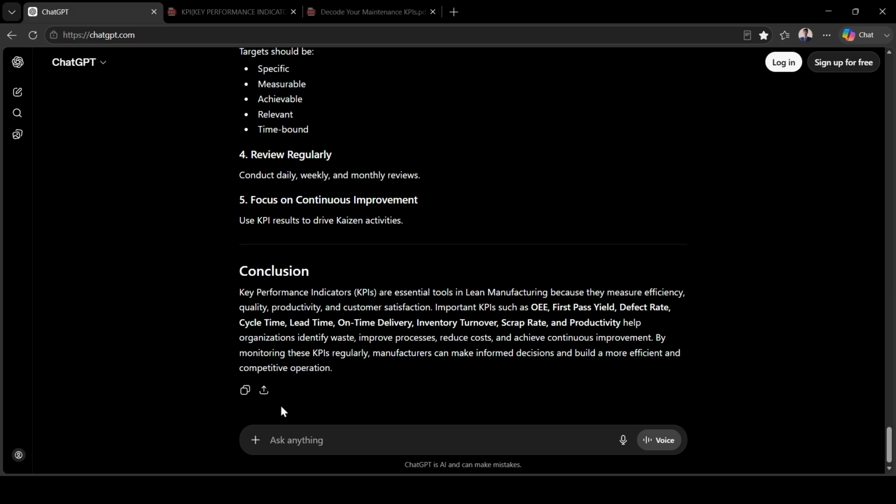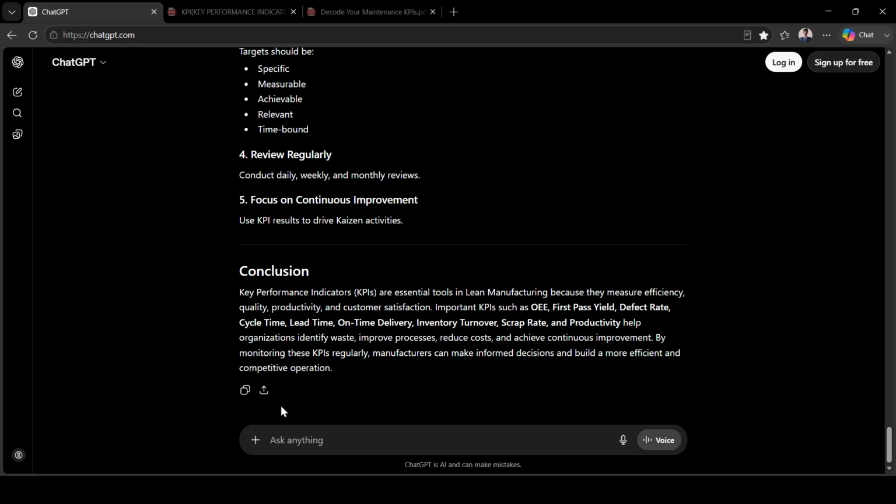In conclusion, key performance indicators are essential tools in lean manufacturing because they measure efficiency, quality, productivity, and customer satisfaction.